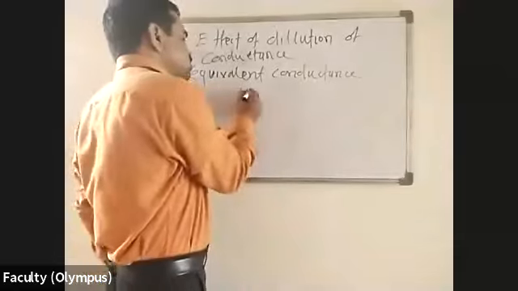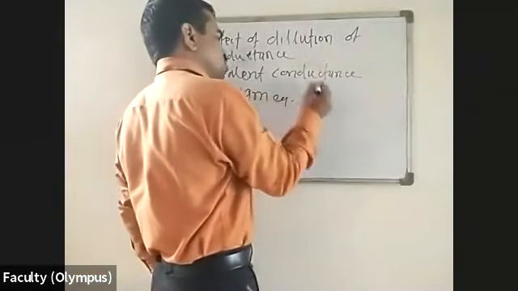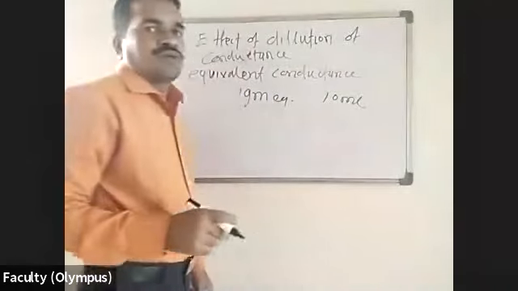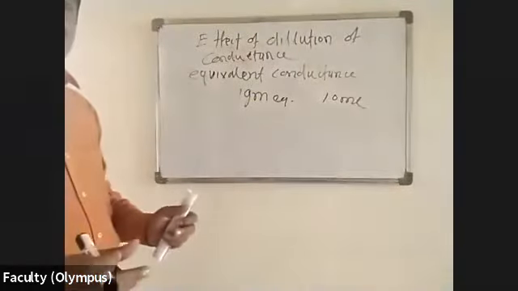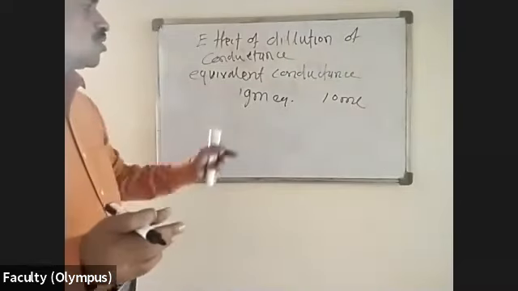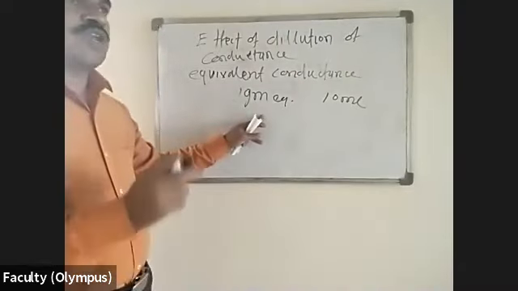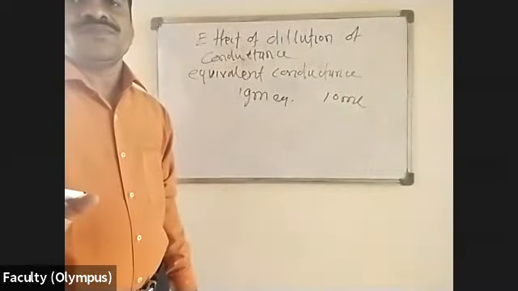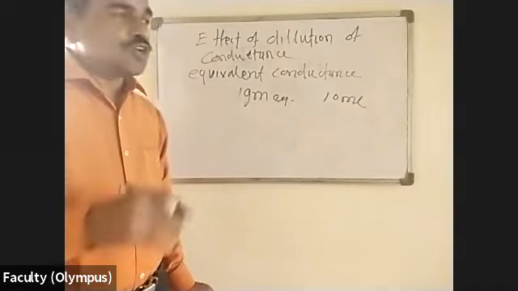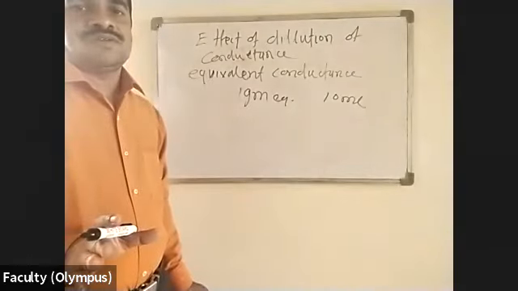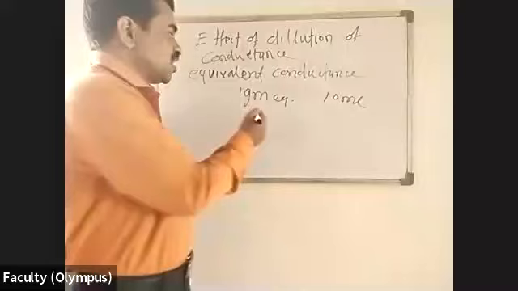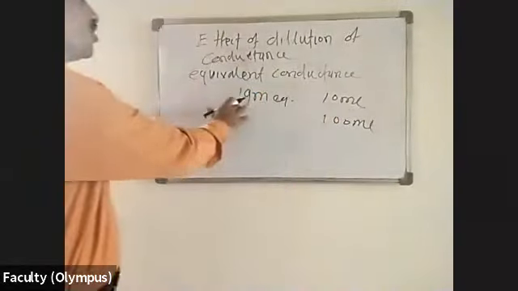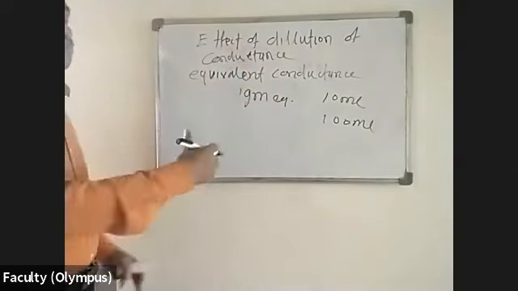Suppose we have taken 1 gram equivalent of electrolyte in 10 ml, then all of the 1 gram equivalent of electrolyte may not dissociate in 10 ml of solution, even though it is a strong electrolyte. If we dilute the same to 100 ml, then the possibility of dissociation of this electrolyte is more.